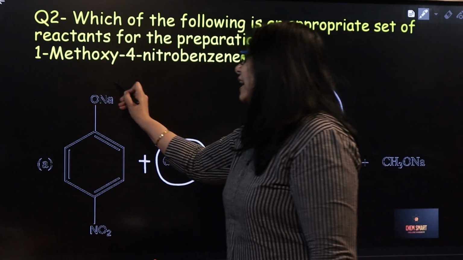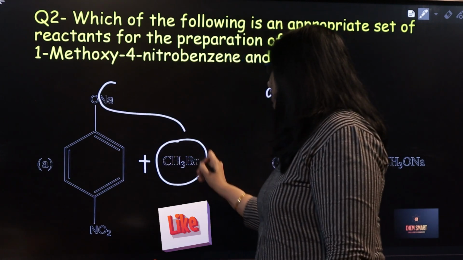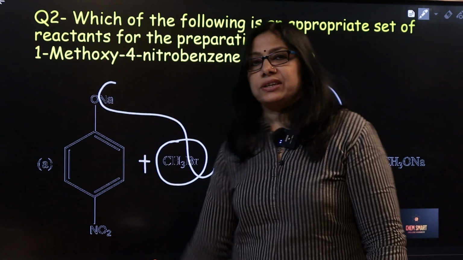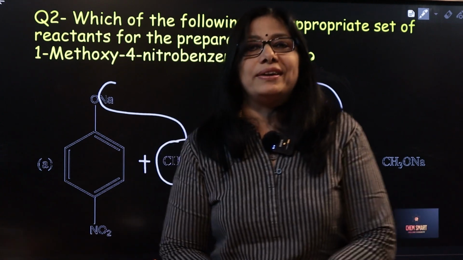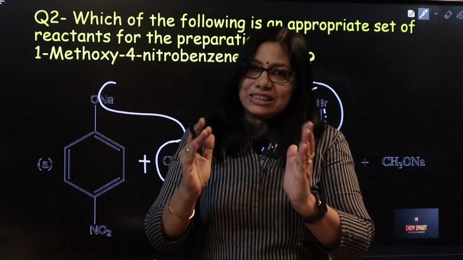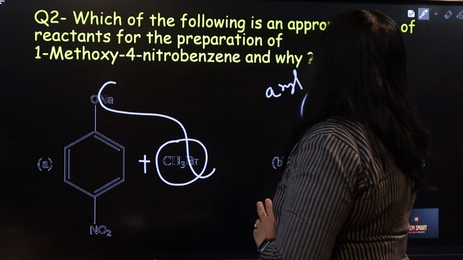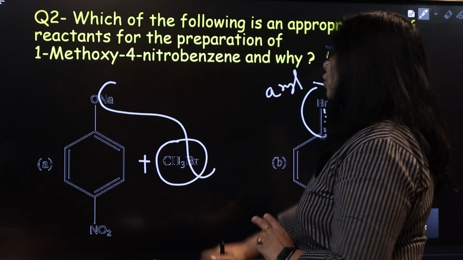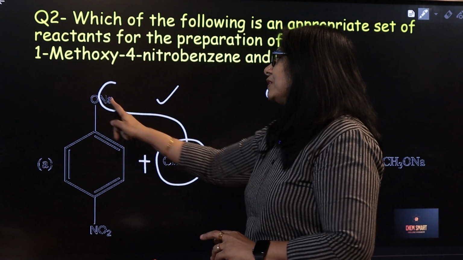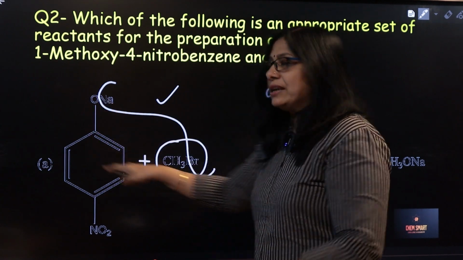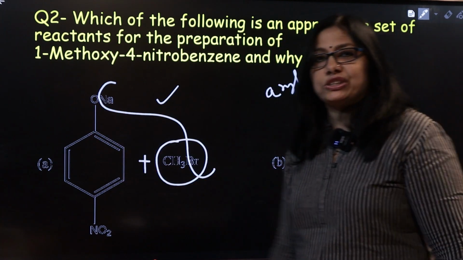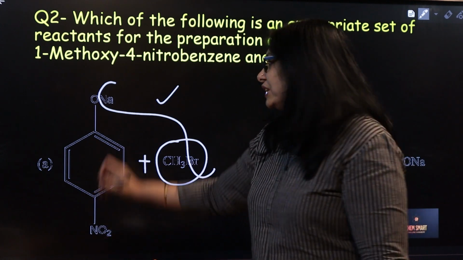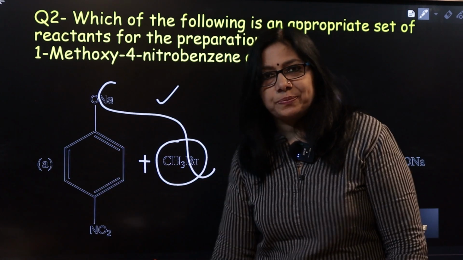So, this Na can easily go with this Br and CH3 can get connected there. So, you will get the required ether. So, the correct pair to produce 1-methoxy-4-nitrobenzene is this one, because it is sodium phenoxide, not aryl halide, which is used. Clear? So, this will be the correct answer.